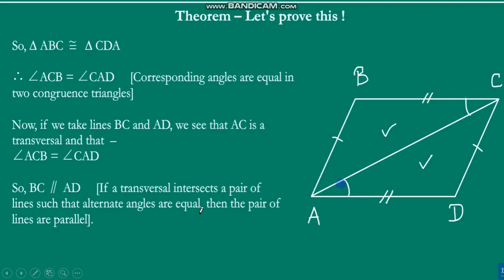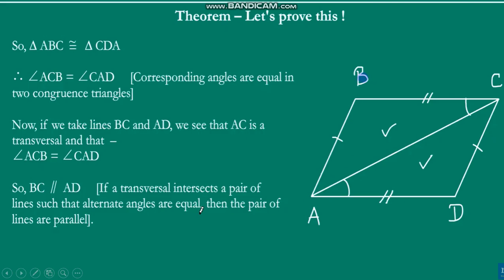These two angles are equal because consider AD and BC as two parallel lines and AC as a transversal. In lines and angles we discussed that alternate interior angles are the same when the two sides are parallel. Then we say that BC is parallel to AD.